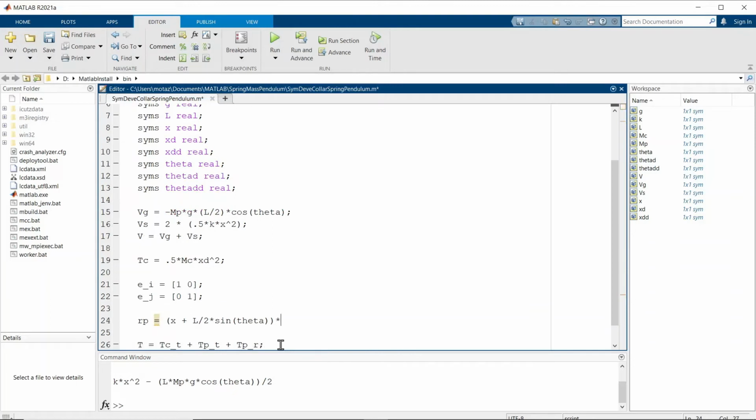I could have just also written this as a vector, but okay. And for the J component, it's going to be L over 2 times cos theta, because the motion of the collar doesn't affect the position in the J direction.